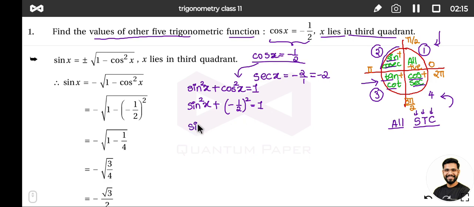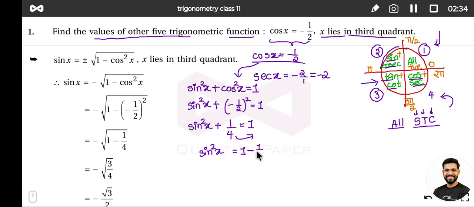So sin square x plus, if we do the square of minus 1 by 2, square of negative 1 is 1 upon square of 2 is 4, is equal to 1. Then if we take this 1 upon 4 to this side, sin square x is equal to 1 minus 1 by 4. If we do the cross multiplication, 4 into 1, 4 minus 1 divided by 4, that is nothing but 3 by 4. So the value of sin square x is 3 upon 4.